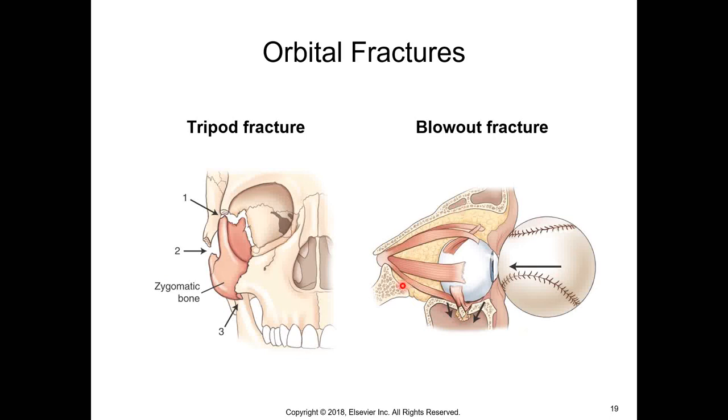The blowout fracture happens when somebody gets hit in the eye straight onward, and you see how it blows out the orbital floor. So these two are the most common that you're going to see in the department when you're doing radiographs. That's why I wanted to point them out to you. But you can see here that the tripod involves three breaks in the bone area. So this is your maxilla, and your zygomatic bone is breaking away from your maxilla, your frontal, and your temporal bones.